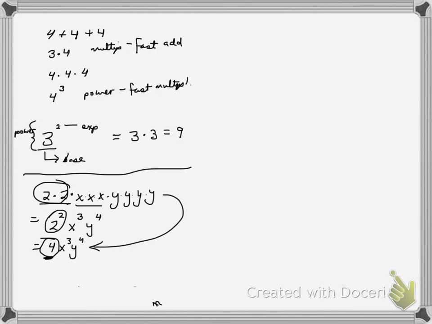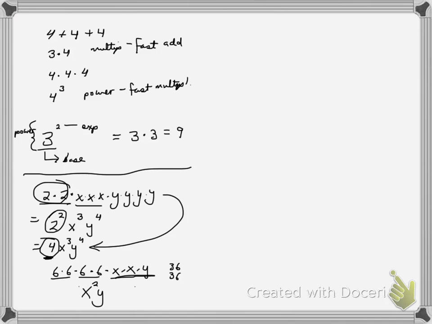What if I have 6 times 6 times 6 times 6 times x times x times y? How would I simplify that? I would take this in pairs. I'm going to multiply this out. That would be 6 to the 4th, and I would write x squared y when I'm done to simplify this part.